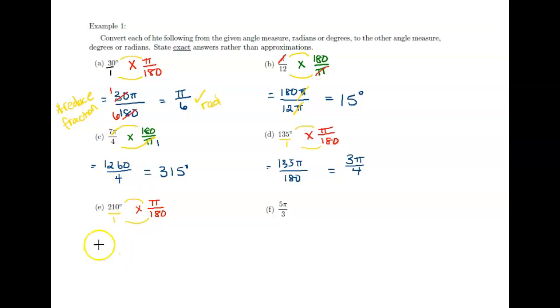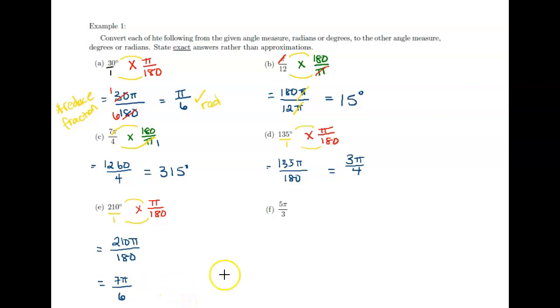So what is this next line going to look like? 210 pi over 180. And again, when we reduce, you double check my math here. This should reduce down to 7 pi over 6.